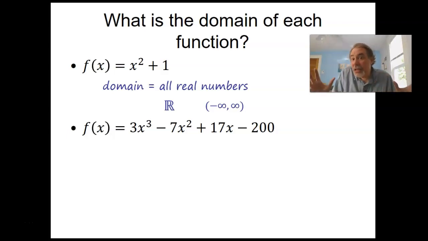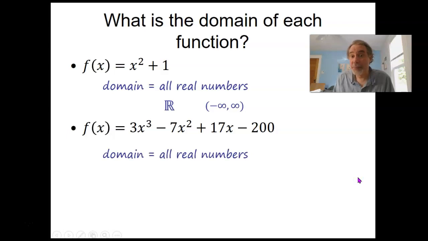But we don't have either of those things going on here. Do you see any denominators? No. Do you see any radicals? No. Then there's nothing that would cause us trouble. Nothing that would cause this function to break down. So the domain here is all real numbers.